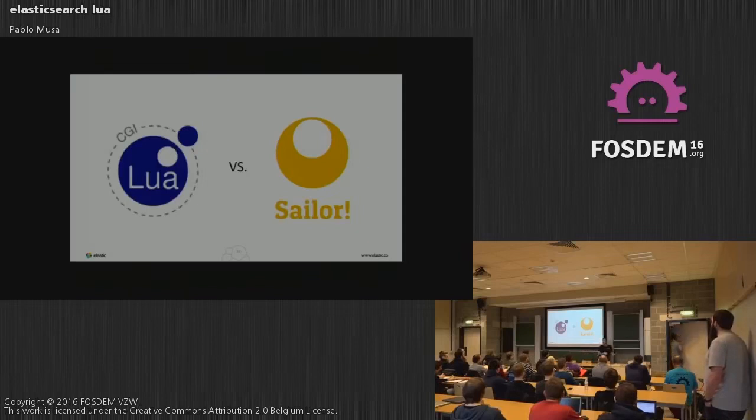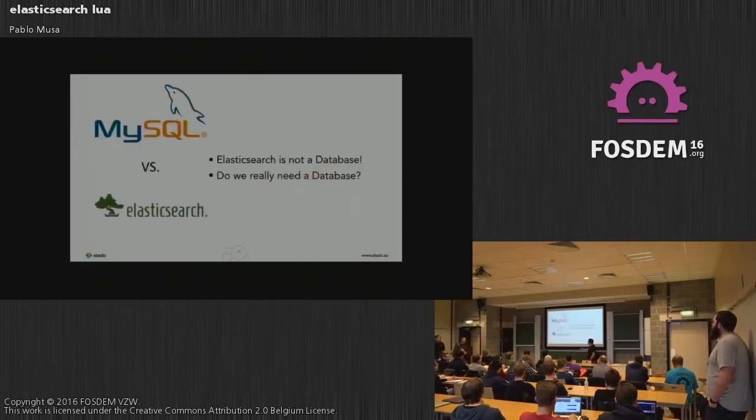But basically, I was very used to that, but there is no one maintaining CGI Lua anymore. And Sailor was this cool project with many new things and a lot of new features and growing, and I decided, why not try. So I just changed it. Everything went really smooth, maybe a topic for another call.